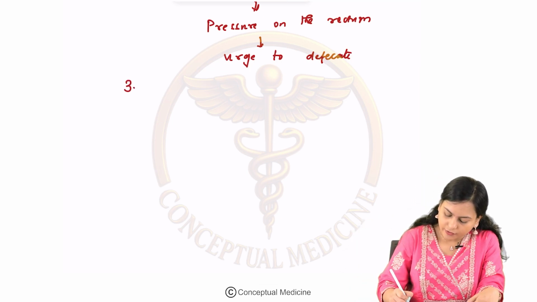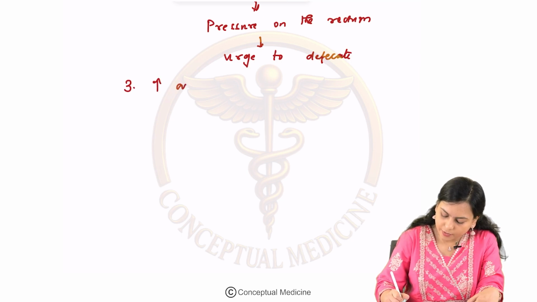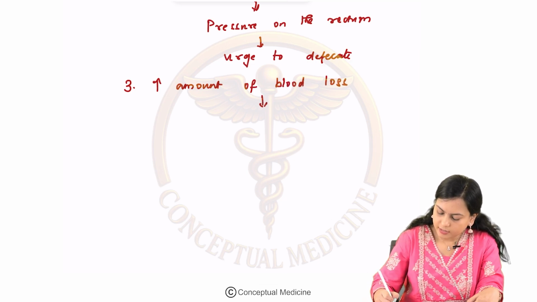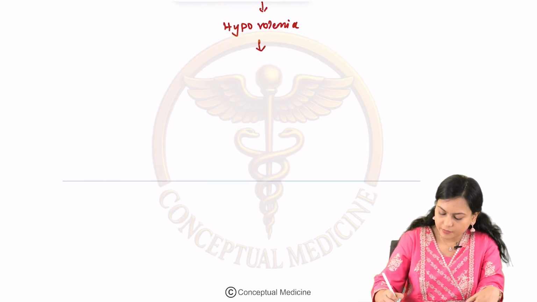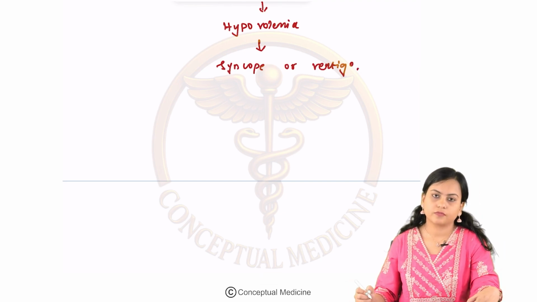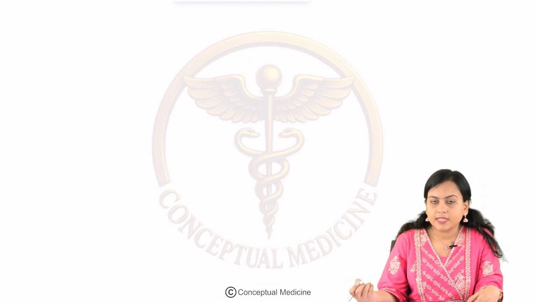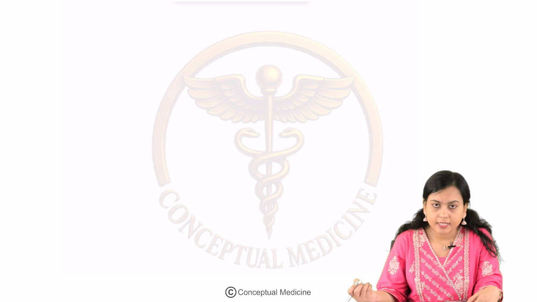So finally, an increased amount of blood loss can result in hypovolemia, and that can result in symptoms like syncope or vertigo. Clear? Now we will see what are the examination findings we can have.